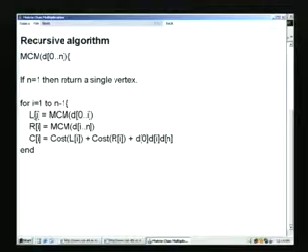left subtree that must be a part of the optimal tree for that. So, as per the previous lemma, the left subtree of the optimal tree for this subspace must itself be an optimal tree. So, to do that, we will recursively call MCM.